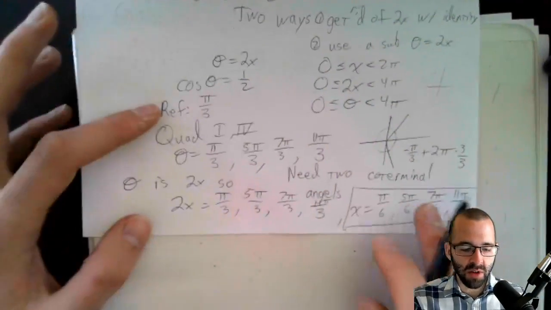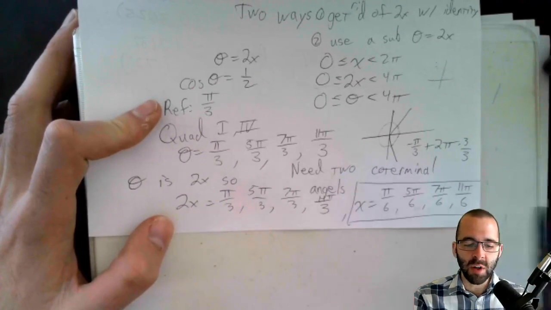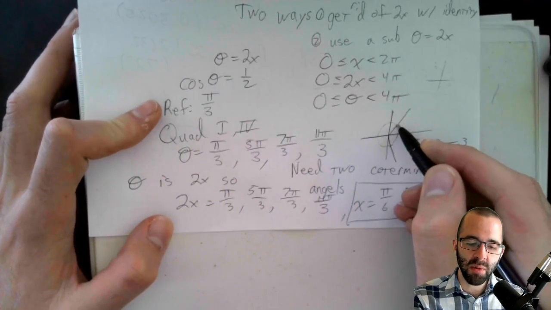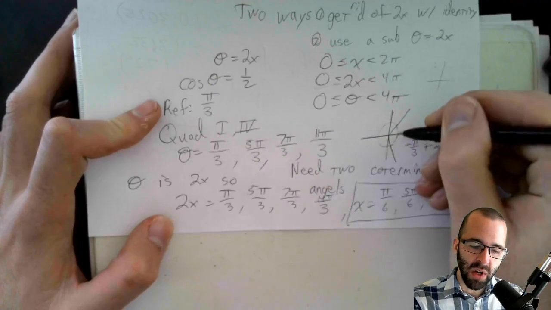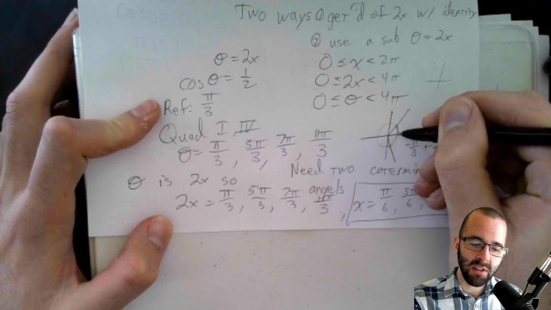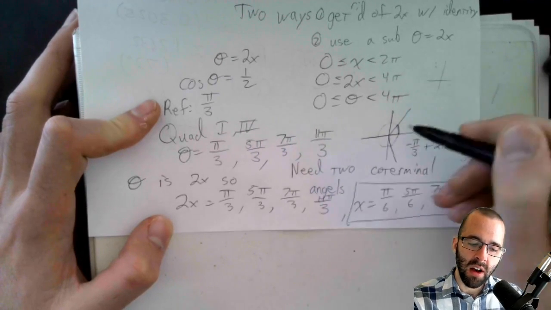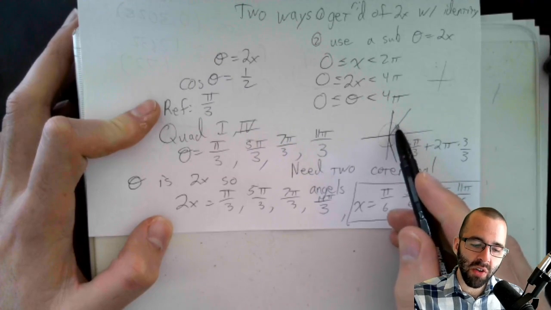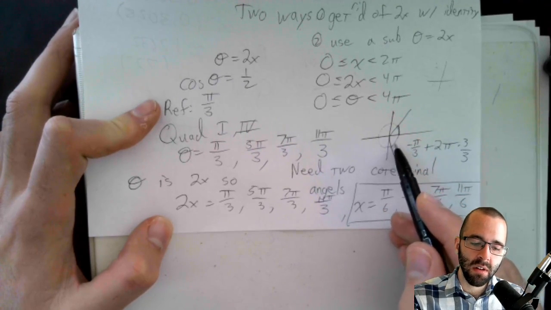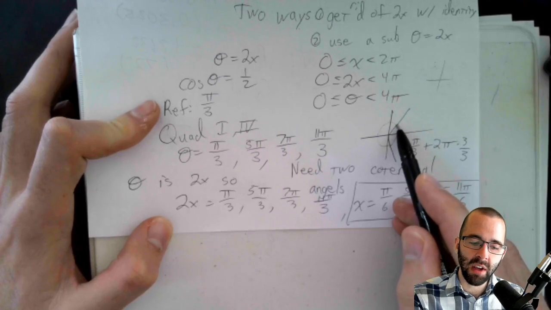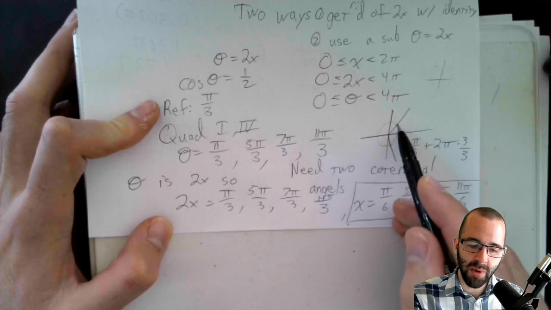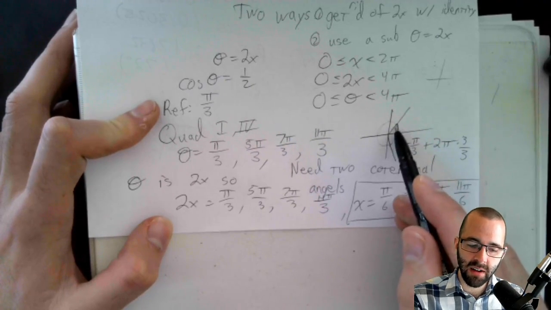So to find the other coterminal angles right here, remember coterminal just means the same terminal side. So one angle with the terminal side right here is just pi over 3. Another one, though, is going all the way around 2 pi and then going pi over 3 again. Or we could add another 2 pi, or another 2 pi, or another 2 pi.